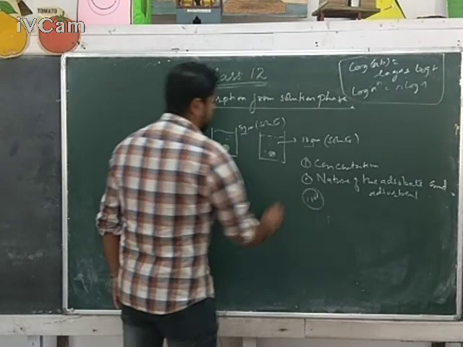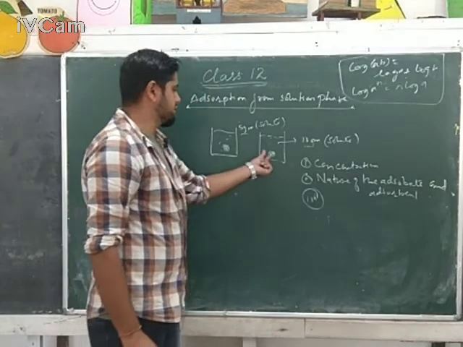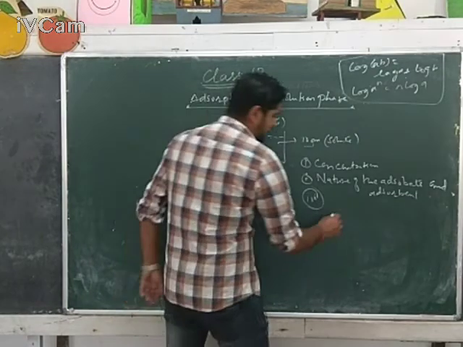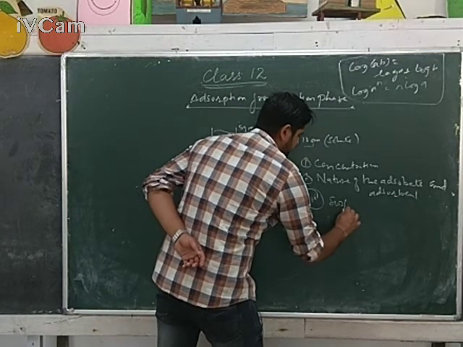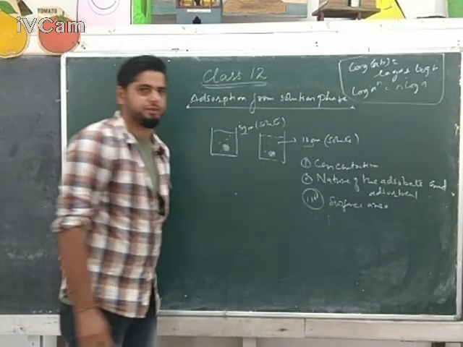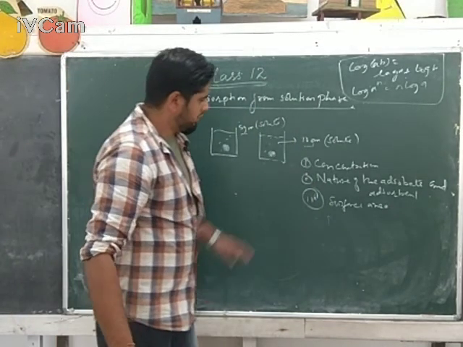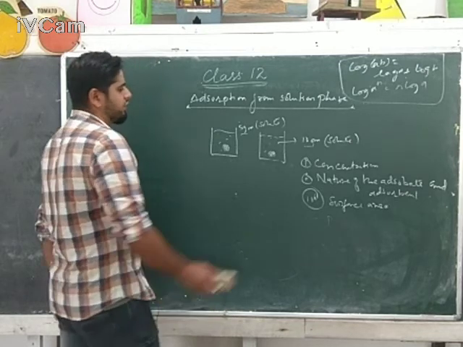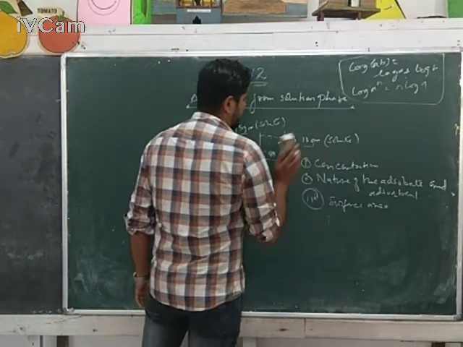Number three, as always, surface area of the adsorbent. The more the surface area, the more the adsorption. Yes or no? We will not discuss these other factors. We'll have an equation only for the concentration.